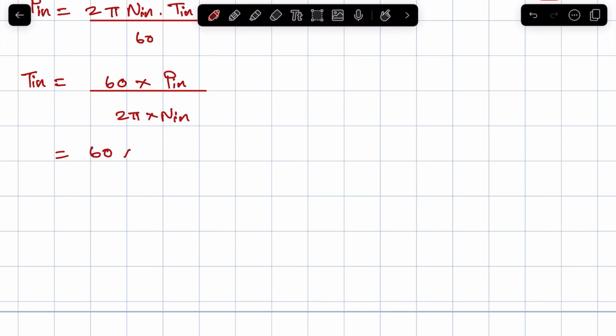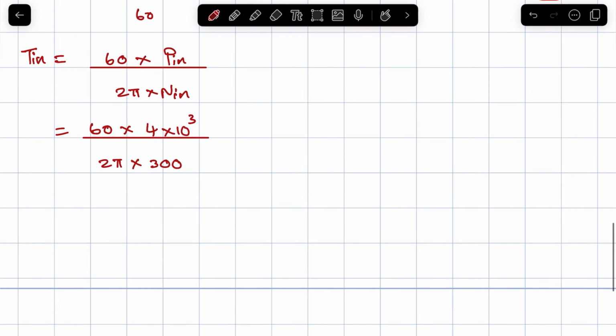So we have 60 times the power in, remember, is equal to 4 kilowatts. So 4 times 1,000 over 2 pi times n in. Remember, n in was equal to 300 revs per minute.